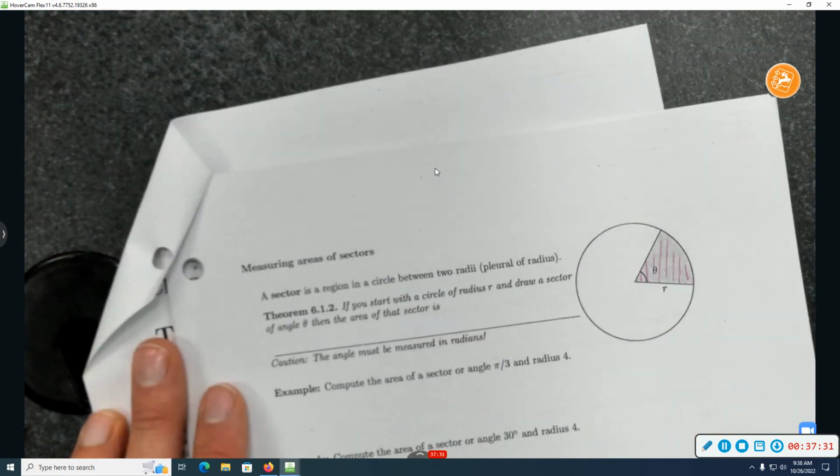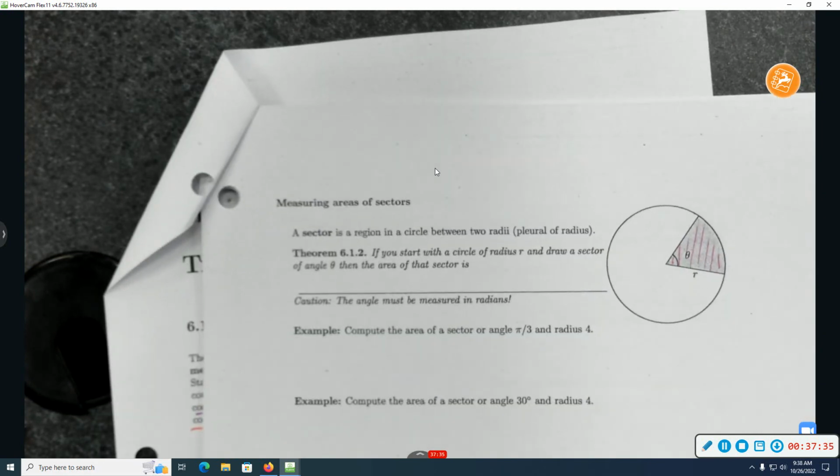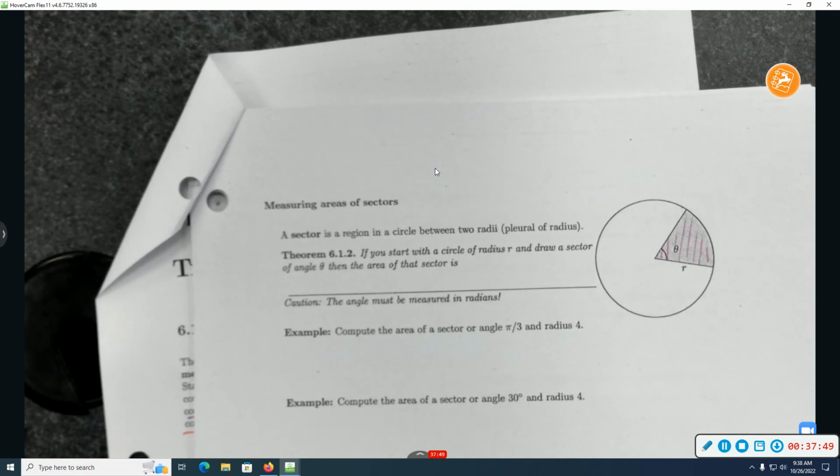So first, sector area. Here's, I won't justify it, I will state a theorem. Suppose you start with the circle with a radius r, and you draw a sector of angle theta. Then the area of that sector will be, let's try to walk it out in fact.